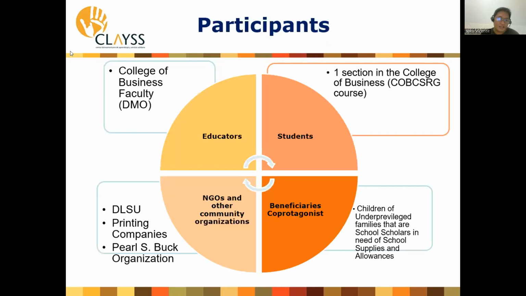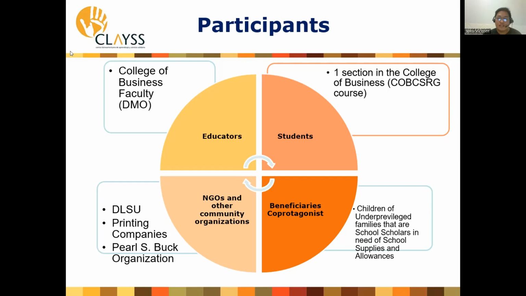Okay. And then the participants would be the College of Business faculty, of course, the educator. DMO means the Department of Management and Organization, because they are the ones handling the course, the COBC SRG. They are the ones teaching that course. We tag this project in a certain subject.